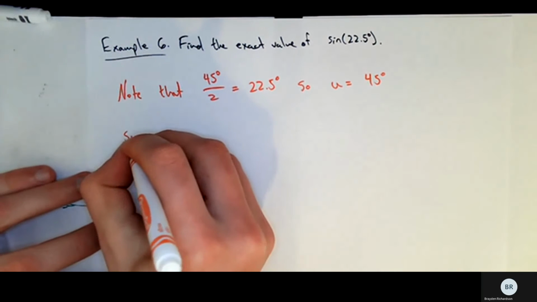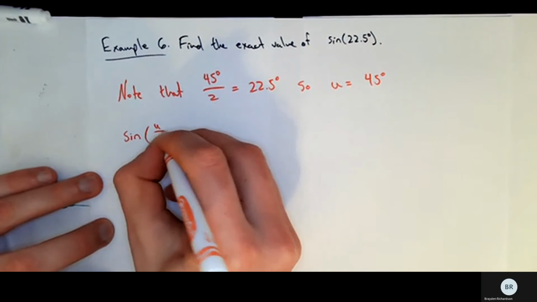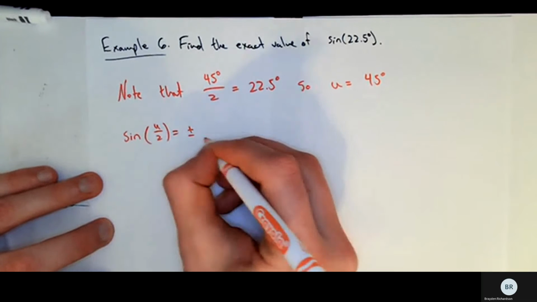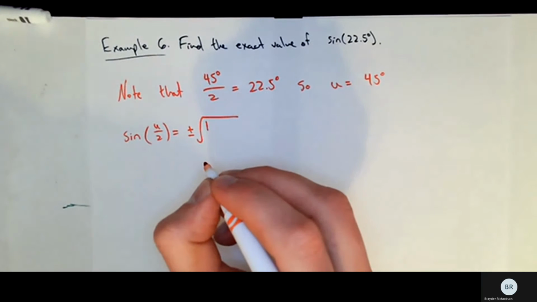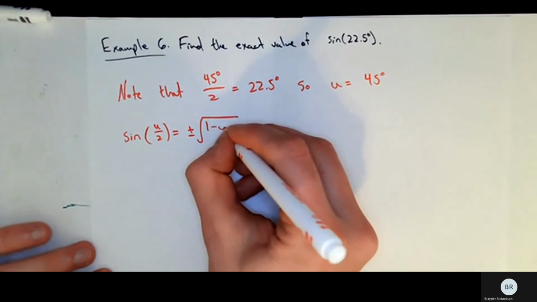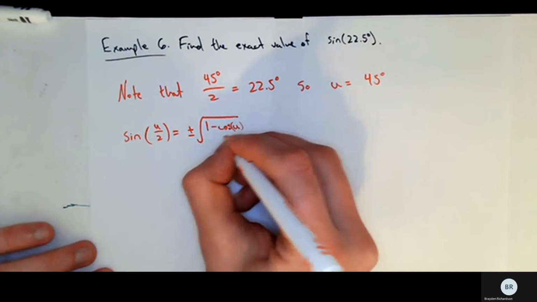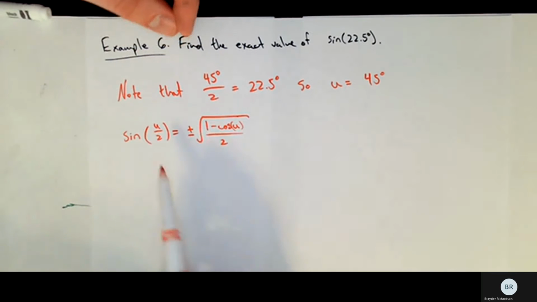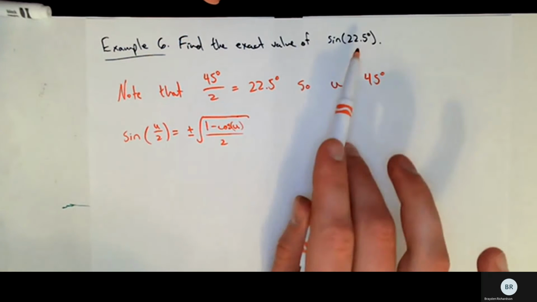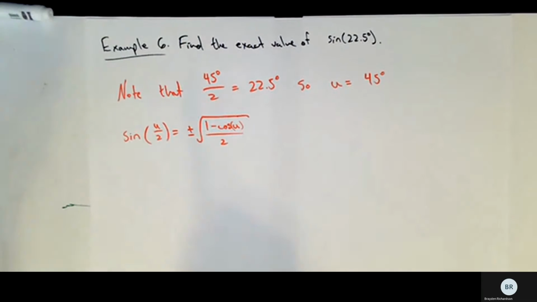Why do I say that? Well, remember the formula is sine of u over 2 is equal to plus or minus the square root of 1 minus cosine of u all over 2. So the whole u over 2 is equal to 22.5 degrees.